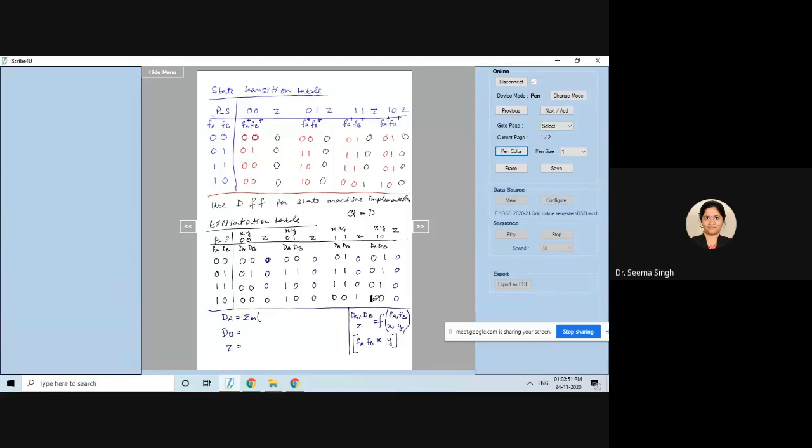In the first row it is not there. In the second row it is 1. Three 1s are there and I have to read them. The order of reading is FA, FB, X, Y. So it is 0, 1, 0, 1. What do you get from 0, 1, 0, 1? It is nothing but 5. Do you understand this? 0, 1, 0, 1 is 5.